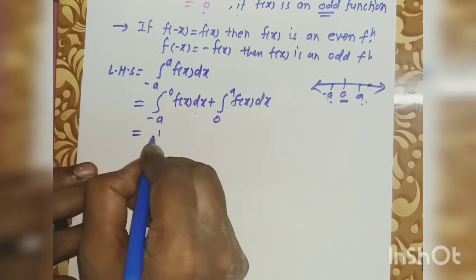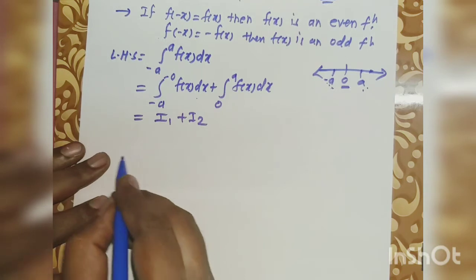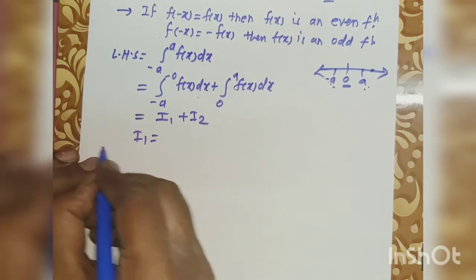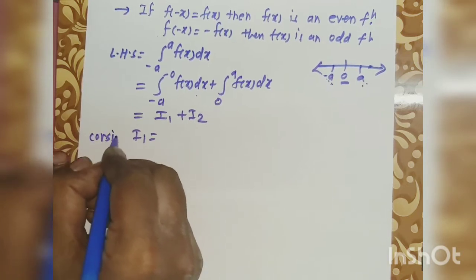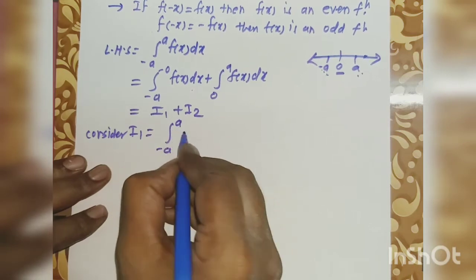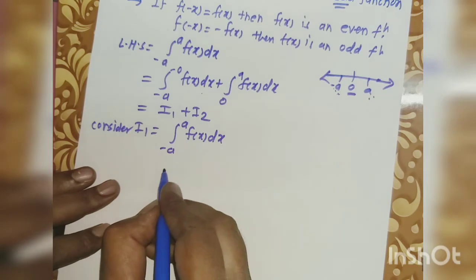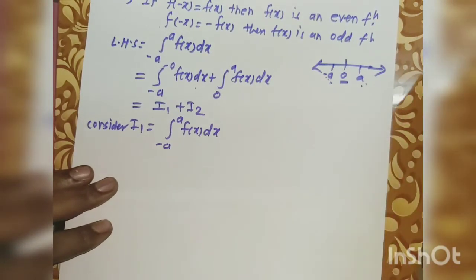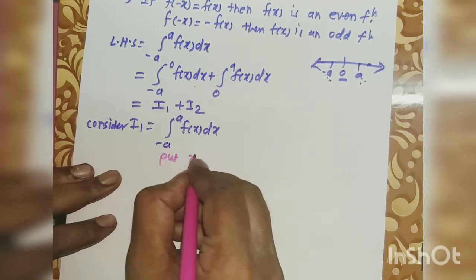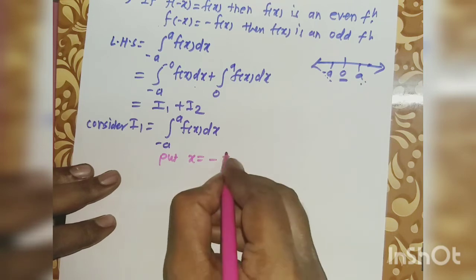Now write integral I1 plus I2. Consider I1 is equal to minus a to a f of x dx. Now in this integral we substitute, put x is equal to minus t.